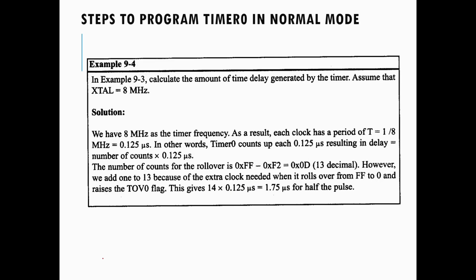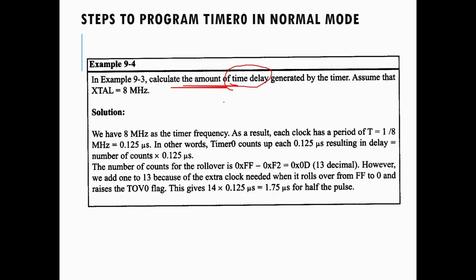Alright, for the example here, calculate the amount of time delay generated by the timer. Assume that the crystal is 8 MHz. So the solution is that we need to calculate the time delay.